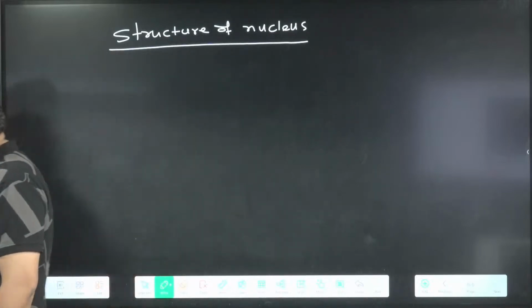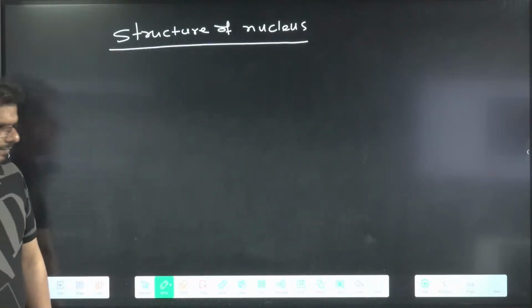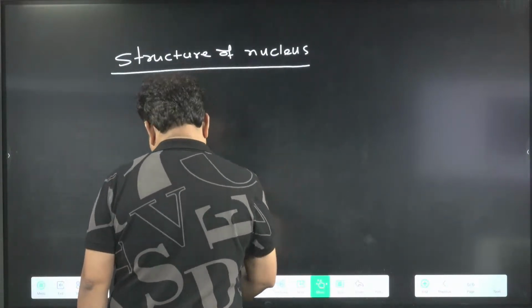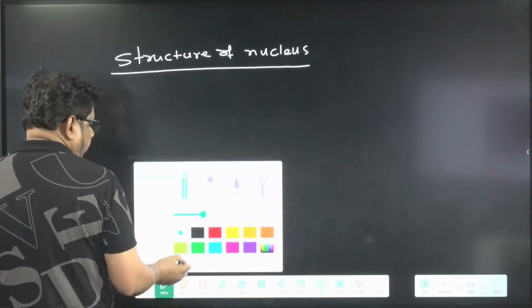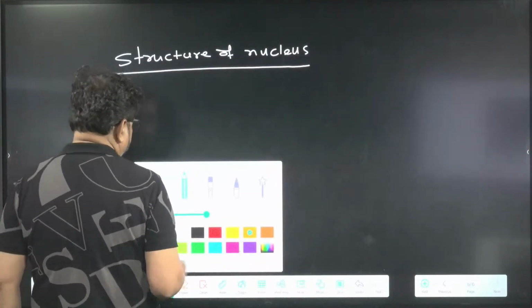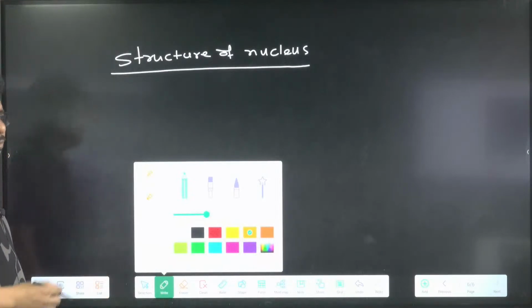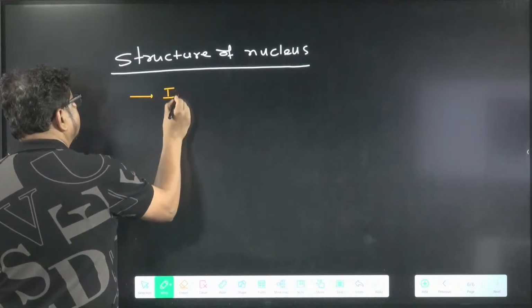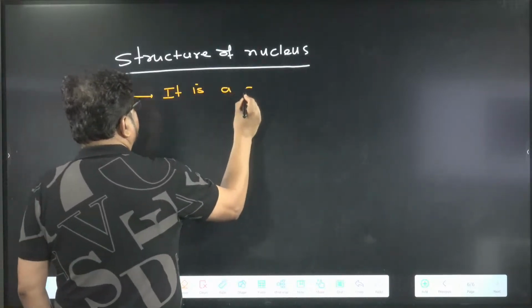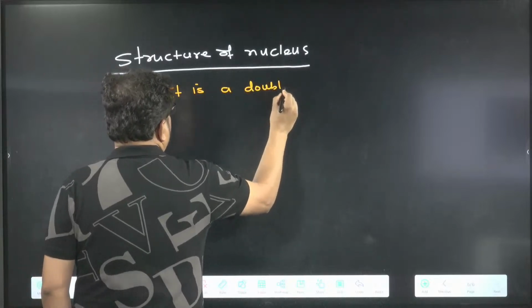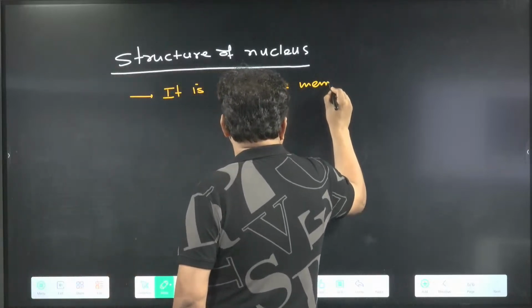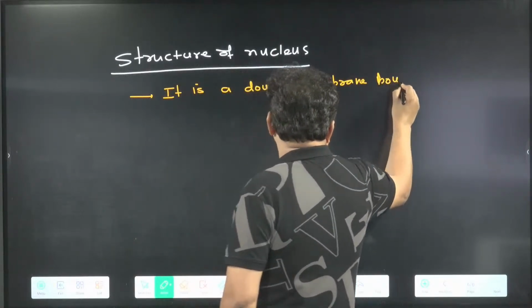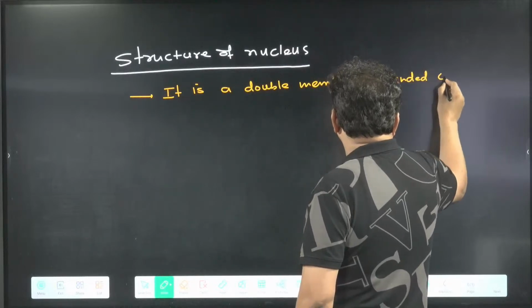A structure of nucleus. If we talk about structure of nucleus, it is a double membrane bounded cell organelle.